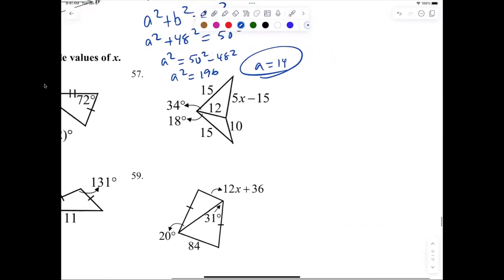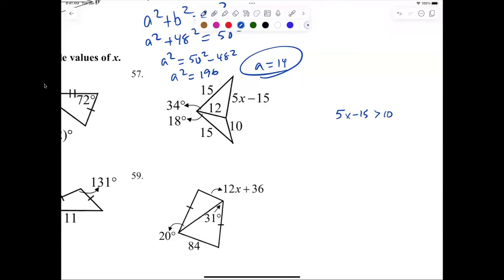All right, so what's true about 57? Okay, now we got to be careful here. 5x minus 15 must be what? Must be greater than 10. Do we agree with that? But do we agree it can't be like 100?